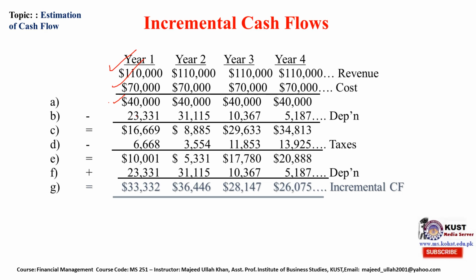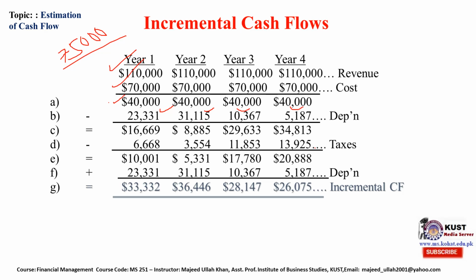Now depreciation. For the first year it is 33.3% on 75,000. 75,000 is the cost of the machine. So we will calculate our depreciation on the 3-year property class by this rate. So first year depreciation is 23,331. Second year is this, third year is this, and fourth year is this. That is depreciation.